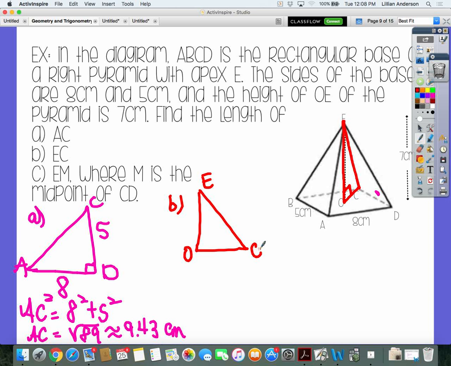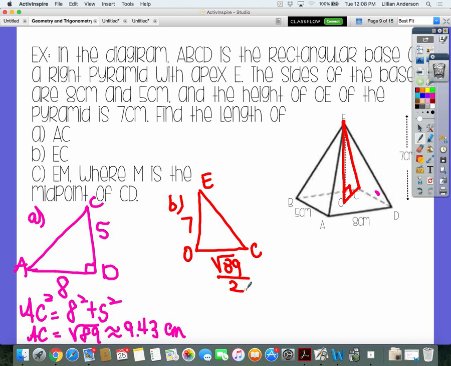Because it tells you that the height is OE, so O would have been the one in the middle. Why read down whenever you have all the information on the triangle itself? What is EO? 7. And what is OC? That's half of the square root of 89.